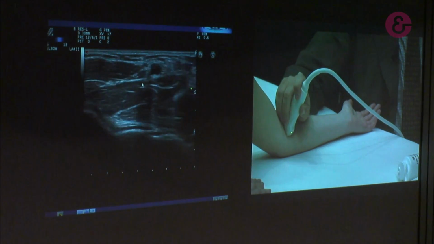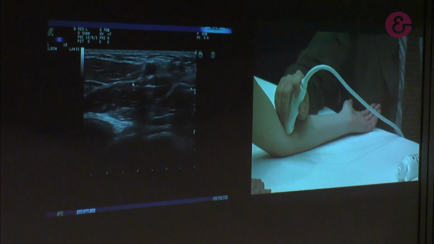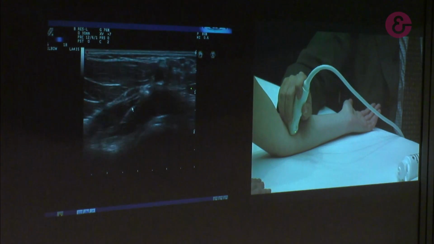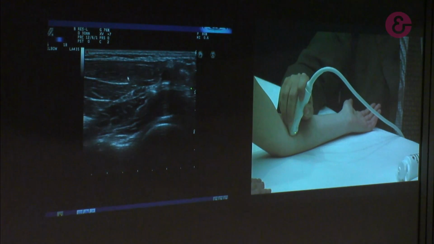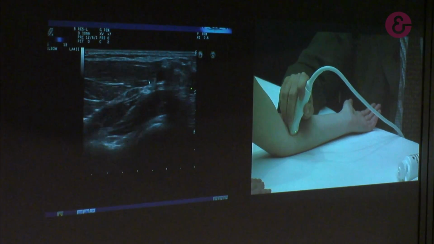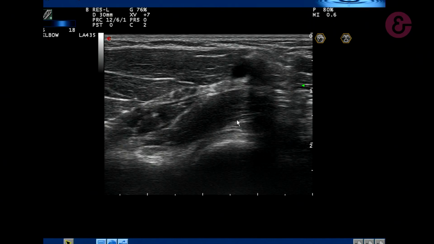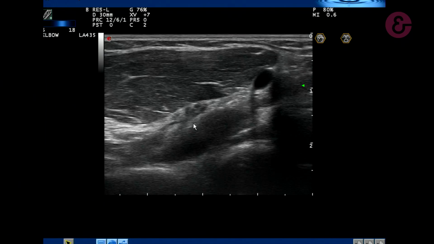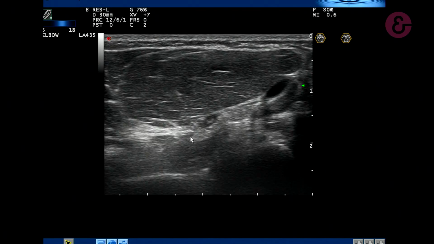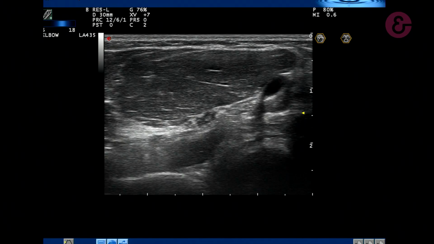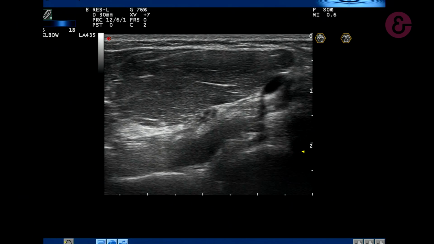If you move a little bit distally now, to the level of the forearm, you can follow the nerve. You can see the pronator teres going up, and the brachialis becoming thinner and thinner because it inserts in the cubitus. You have to put the focus a little bit deep.